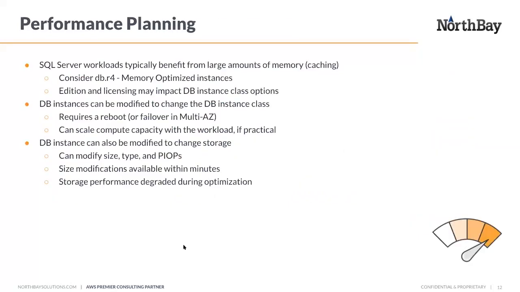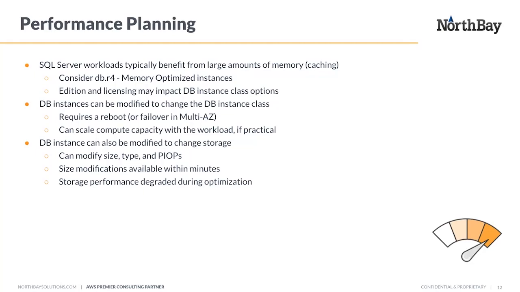So in general, SQL Server workloads typically benefit from large amounts of memory. That's the way it is. That's the way SQL Server is architected, I guess. So consider DB-R4, it's a memory optimized instance. Additional licensing may impact DB instance class option, right? So it's a bit complicated. There are people who specialize in the licensing and pricing model for on-prem versus cloud, right?